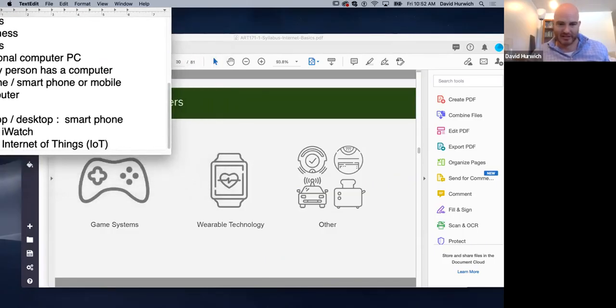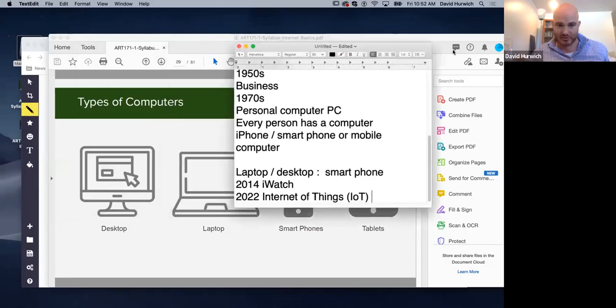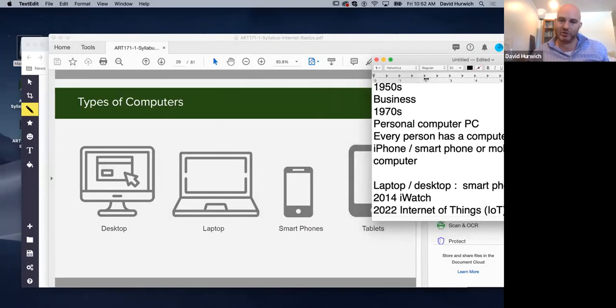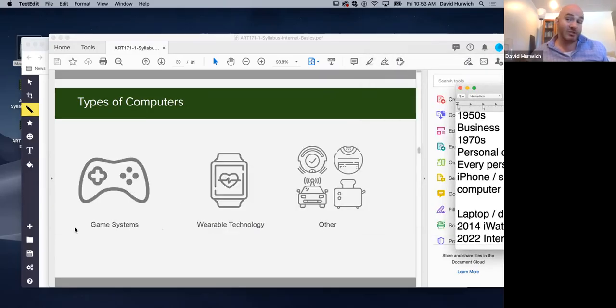All right, so like I said, here are some examples of computers. We got desktops, boom. We got laptops, boom. These are more traditional. Smartphones, tablets, game systems. If you have a PS5 or whatever the cool new thing is, that's a computer.